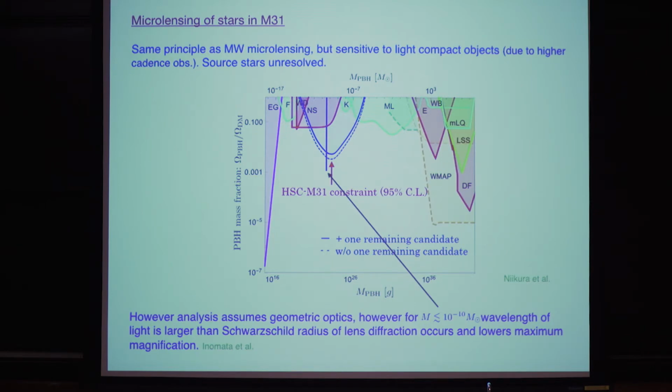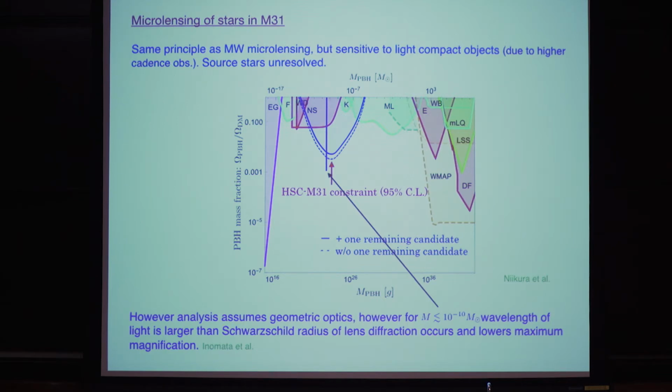In this case, it gets a bit more complicated because the source stars are individually unresolved, but nonetheless, they've sorted out the issues regarding that. And here is their constraint on a plot which contains a wide range of various masses. So here we're down to roughly 10 to the minus 10 solar masses. And it looks like a very tight constraint because they only in fact see maybe one microlensing candidate.